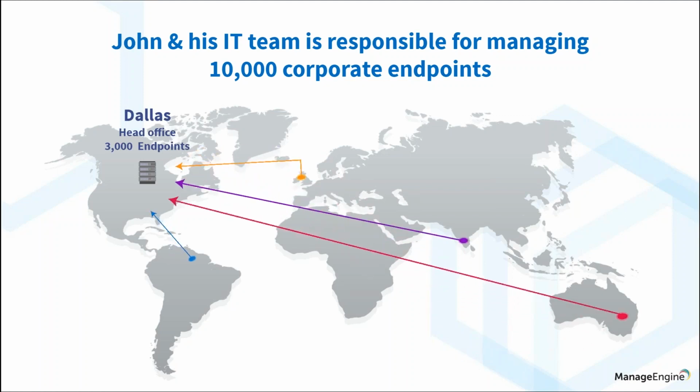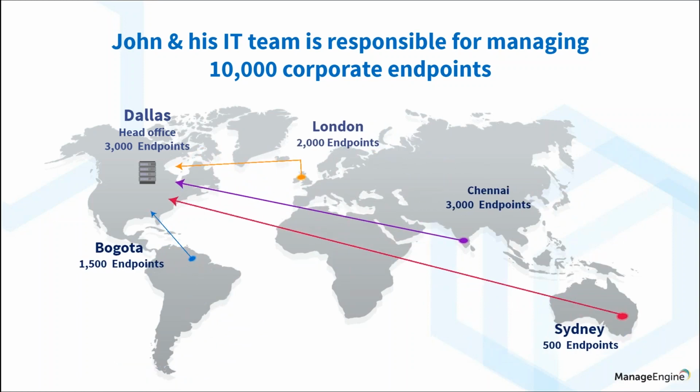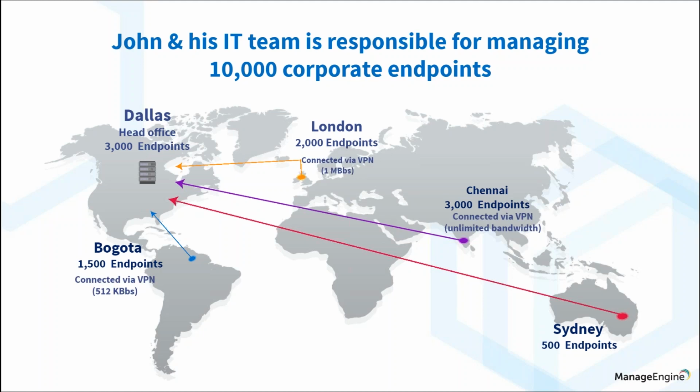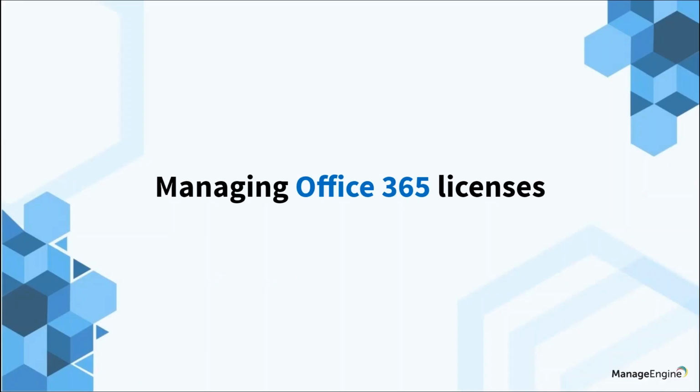And as I mentioned, they have multiple branch offices in different locations. As you see, we have 2,000 endpoints in London, Sydney has 500, Bogota has 1,500, and Chennai has 3,000 endpoints. Now, these machines connect back to the server via VPN, and the Sydney office endpoints we will consider as roaming users. So let's say these endpoints are going to communicate to the server directly, right?